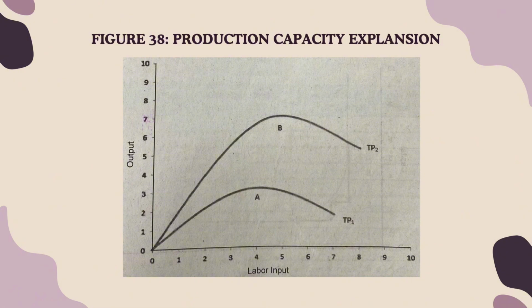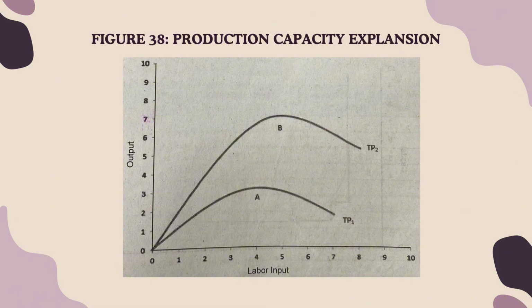So when production capacity increases, the firm can produce more output with the same amount of labor input, meaning higher productivity and potentially increased profit.